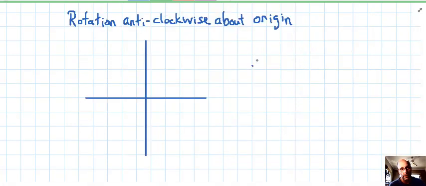Now there's a special property of multiplying a complex number by i. It's actually the rotation of a complex number anti-clockwise about the origin.